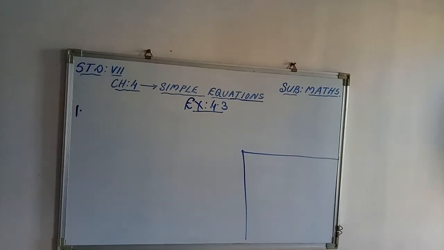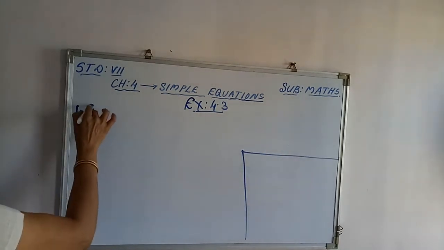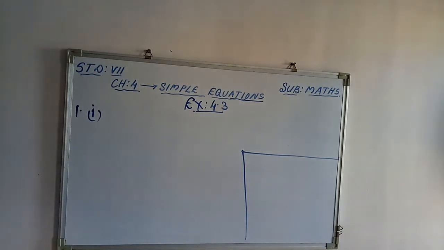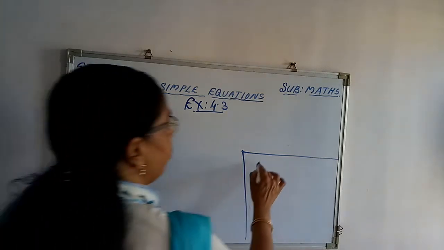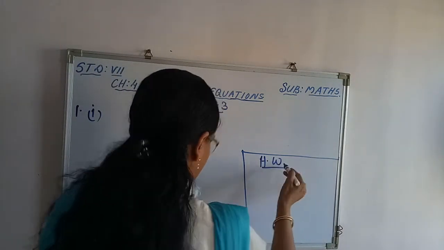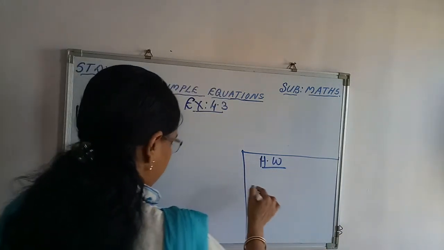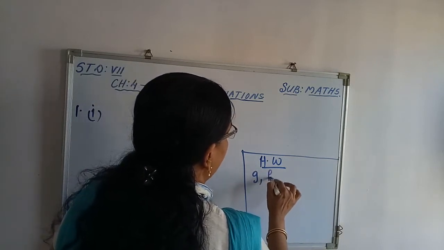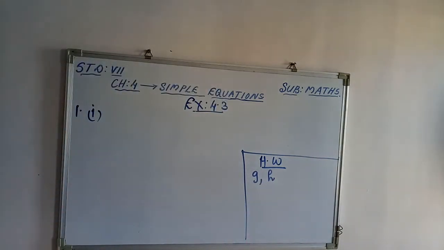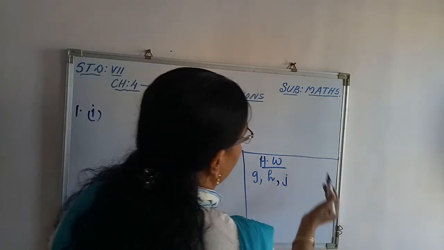Now listen to question I. See, after F I started with I. So you have to do G and H as homework and also J. G, H, J, that you have to do.